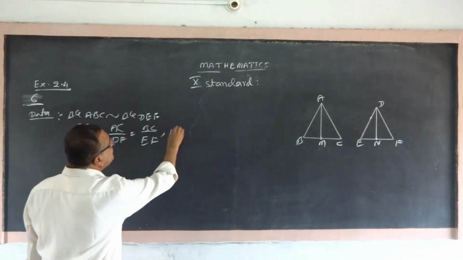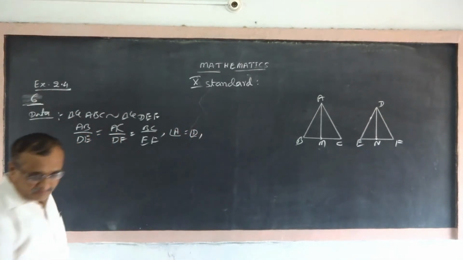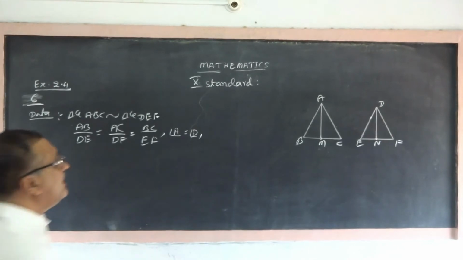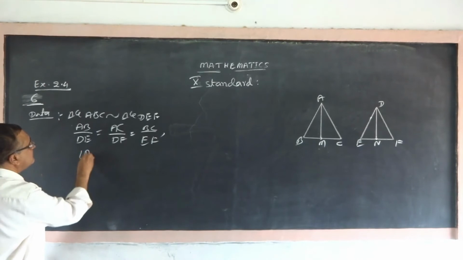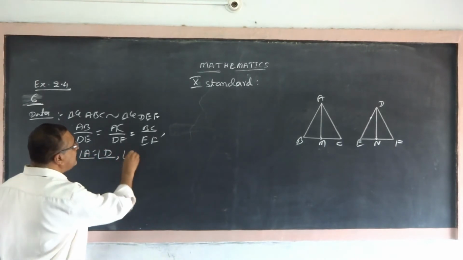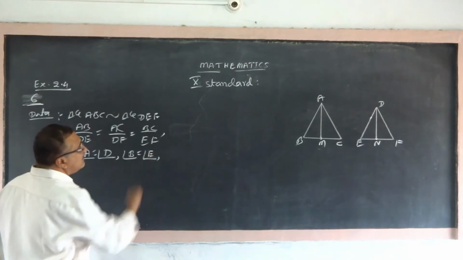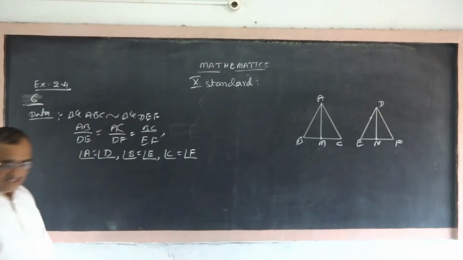Not only that, angle A equals angle D, angle B is equal to angle E, and angle C is equal to angle F. These are the known things.